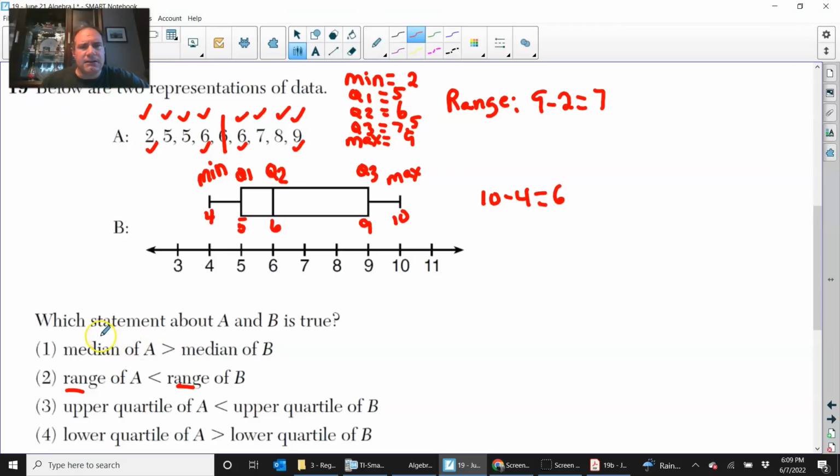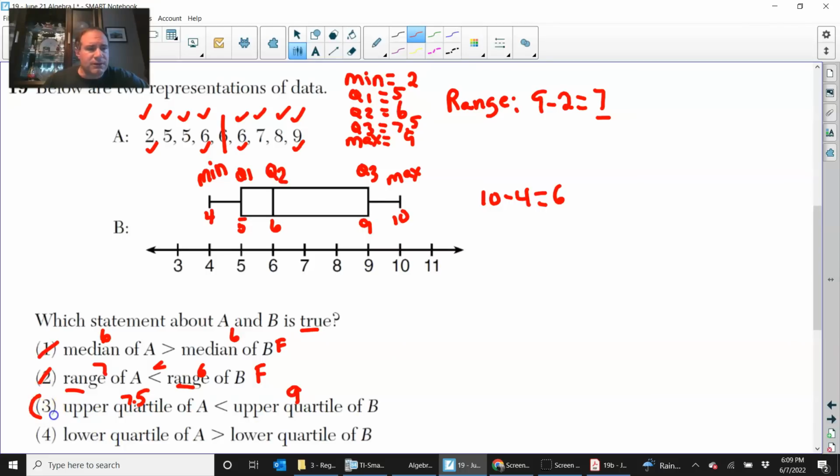The median of A, which is 6, is greater than the median of B? That is false. So you're looking for a true statement. So we're going to put F for that. The range of A is 7, is less than the range of B, which is 6. That is false. The upper quartile, Q3 of A, which is 7.5, is less than the upper quartile of B, which is 9.